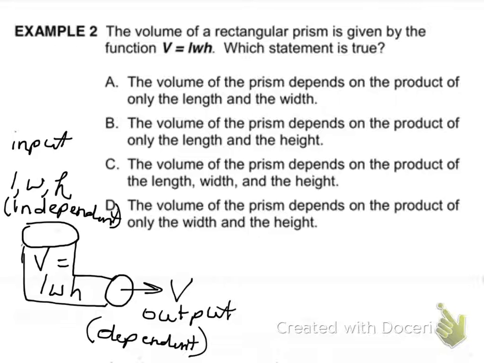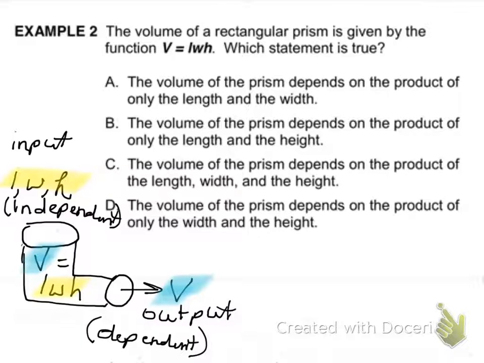But the idea of the function machine sometimes can help, because what comes out is always this part here. That's always the output. And then your input is the variables on the other side of the equal sign. Input is independent, output is dependent.